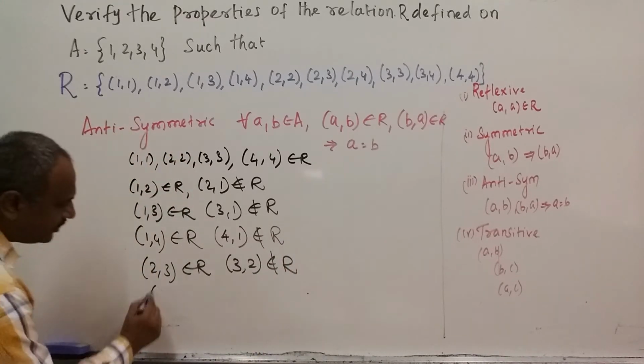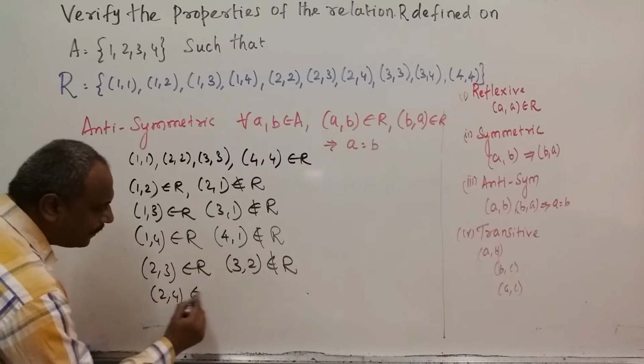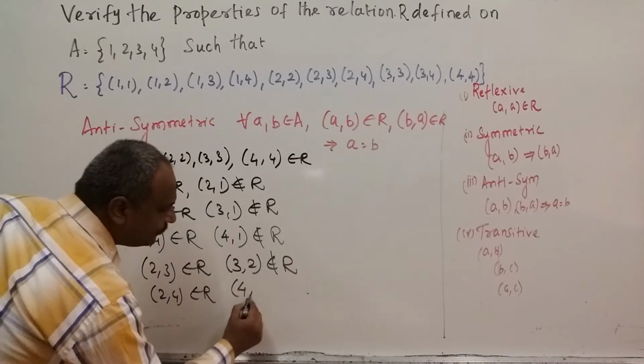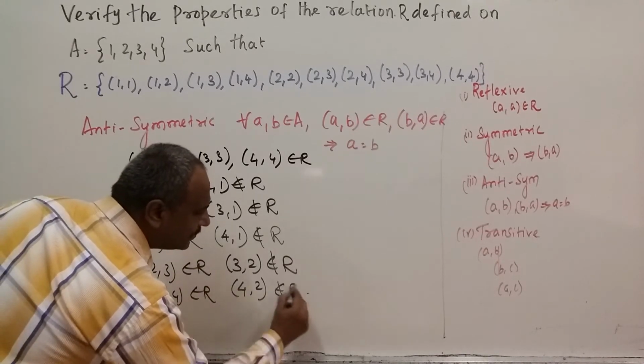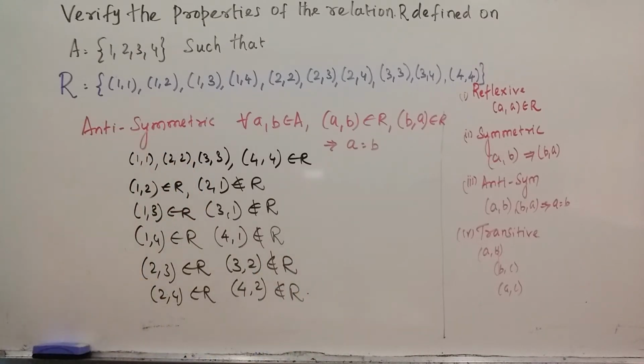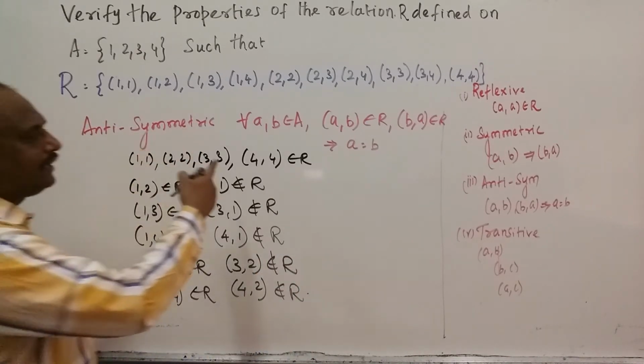The next one, I am going to check for (2, 4). The opposite, (4, 2), does not belong to R. (3, 3) reflexive.